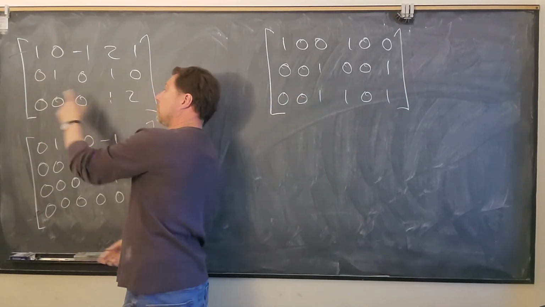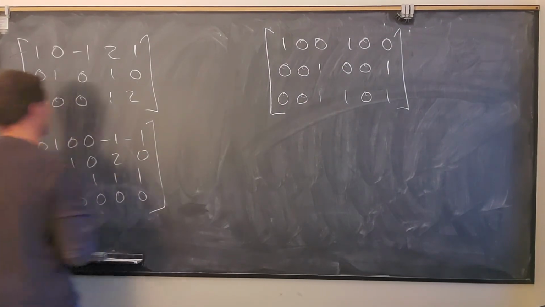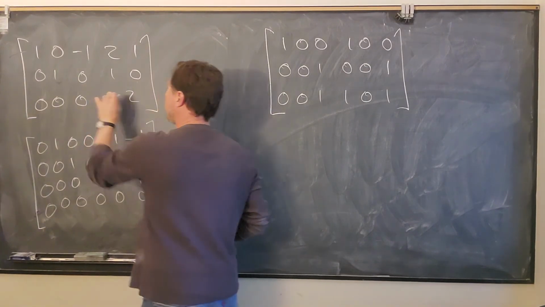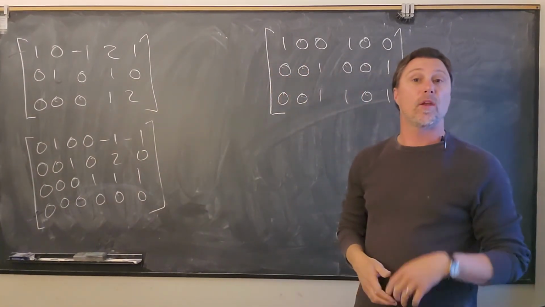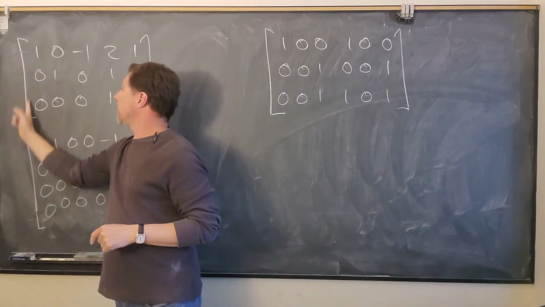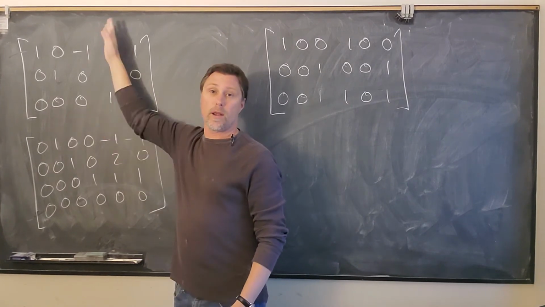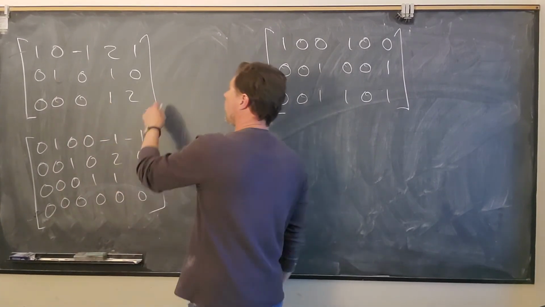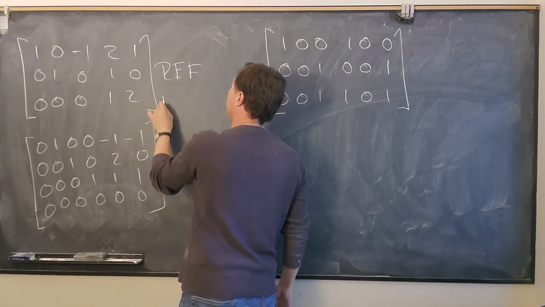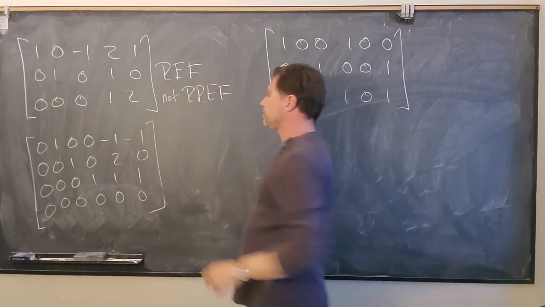Yes, this leading 1 right here also occurs to the right of the ones above it. Last property, if a column has a leading 1, then all the other entries in that column need to be 0. Yes, yes, but no. This one, we've got a leading 1 right here, but there are non-zero entries in the column. So this is in row echelon form, but not reduced row echelon form.